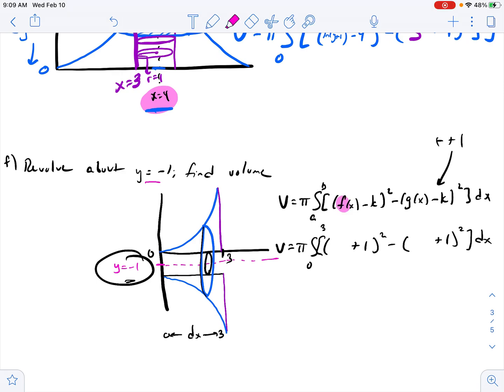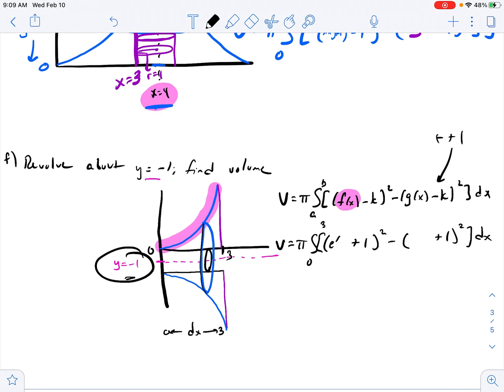Now for the larger function, bigger circles are coming from this original blue function. That's e to the x minus 1. Okay, smaller circles are actually coming from this. It's actually coming from the original x-axis. What is the equation of the x-axis?